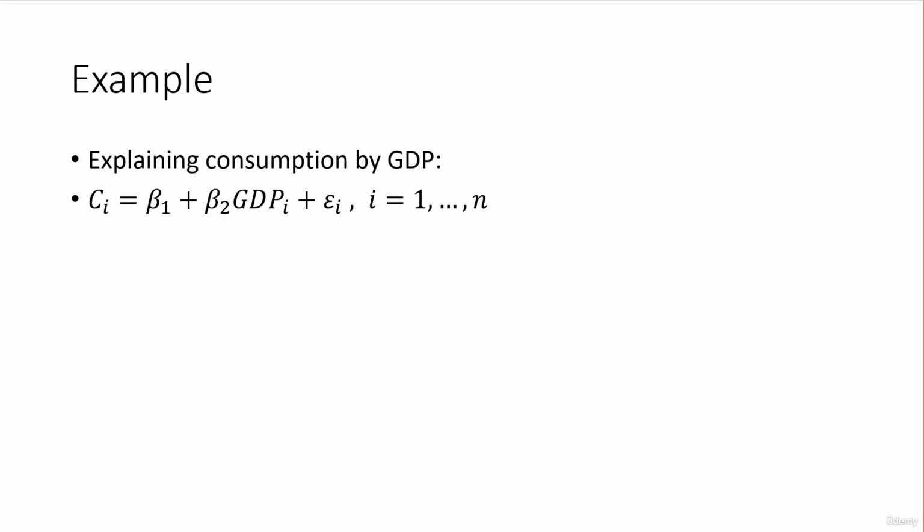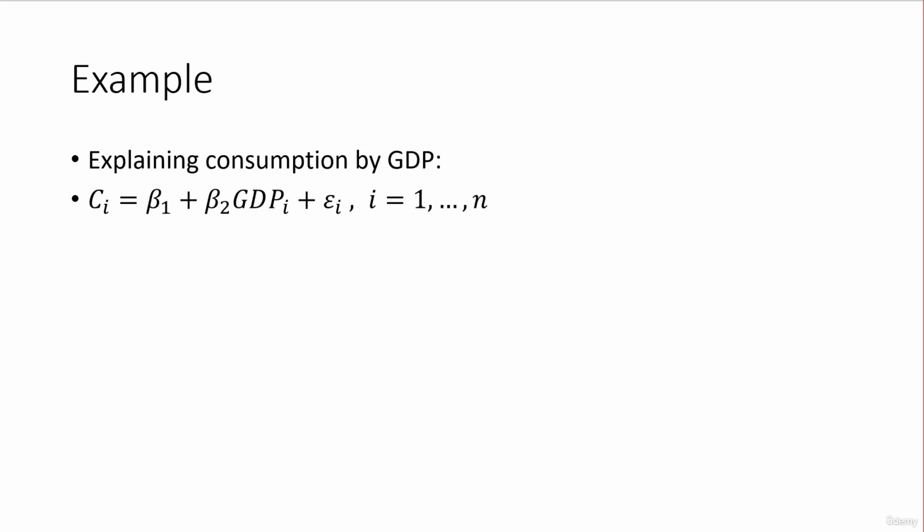But if we think about it a little bit more, we realize that we could just as well specify the opposite. That is that GDP is explained by consumption. Consumption is a part of GDP. So the higher the consumption, the higher the GDP. So there's clearly a simultaneity between consumption and GDP.